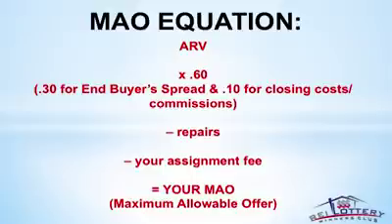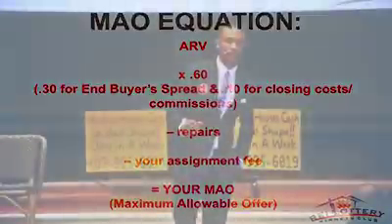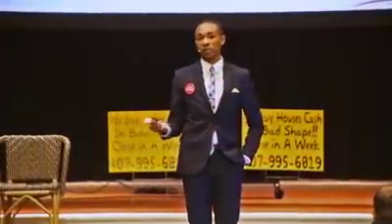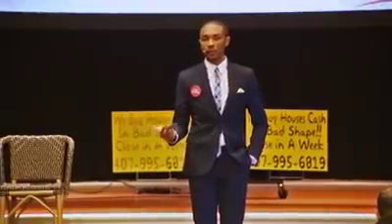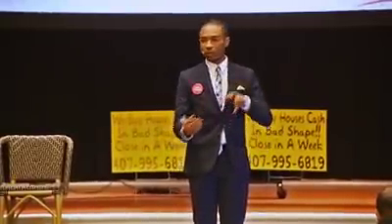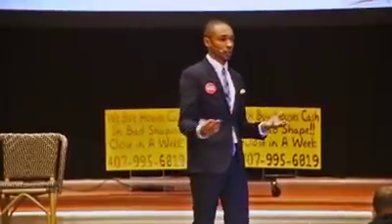Minus repairs, minus your assignment fee. So what's your assignment fee? It's how much of a discount you can get on the property. If you want to make $5,000, then try to negotiate a $5,000 spread. If you want to make $50,000, then try to negotiate a $50,000 spread with your seller.